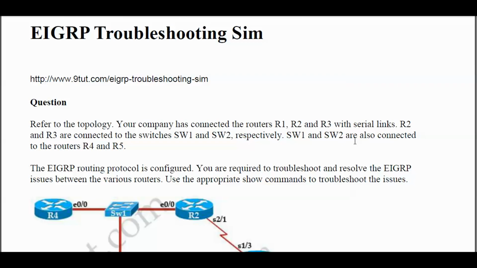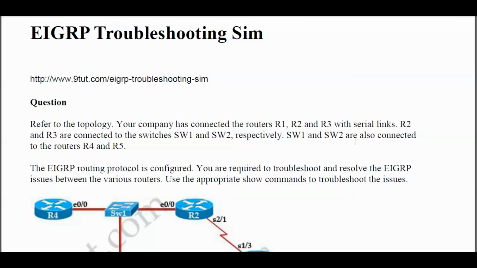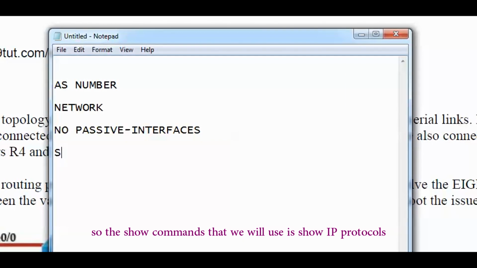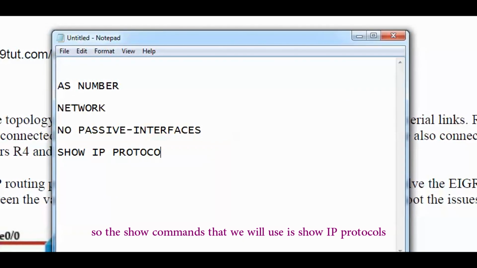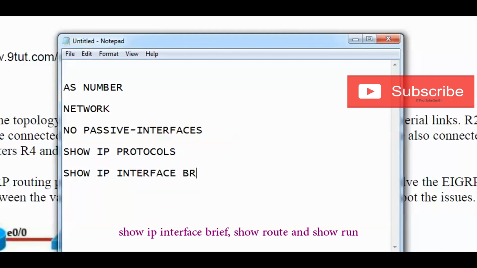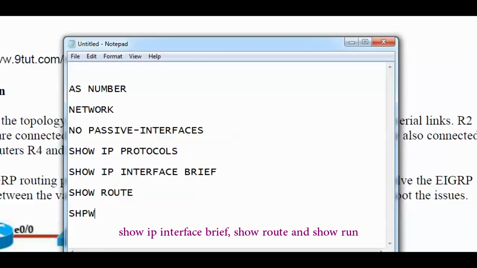You are required to troubleshoot and resolve the EIGRP issues between the various routers. Use the appropriate show commands to troubleshoot the issues. So the show commands that we will use are show ip protocols, show ip interface brief, show route, and show run.